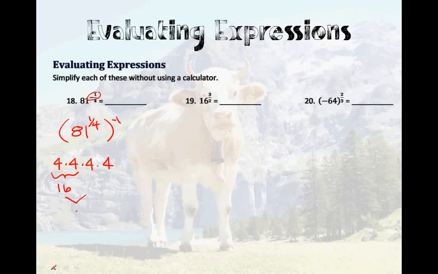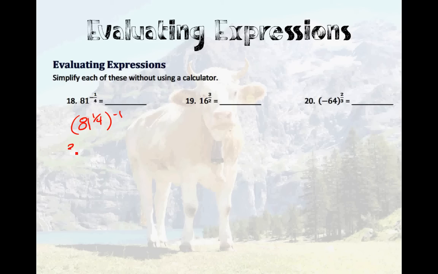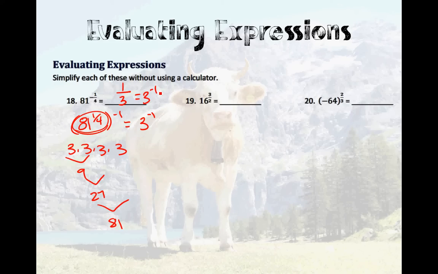Nope, that's wrong. Sorry. What I meant to say was 81 to the 1/4 is 3, not 4. So if you have 3 times 3 times 3 times 3, this is 9, times 3 is 27, times 3 is 81. So we get 3 to the negative 1, so I just replaced that with a 3. And you could rewrite it as 1/3, you could leave it as 3 to the negative 1. Both of them are acceptable.